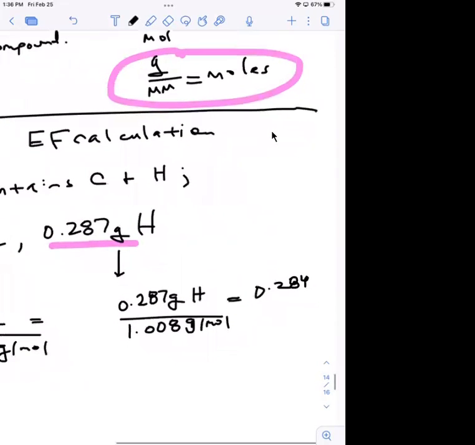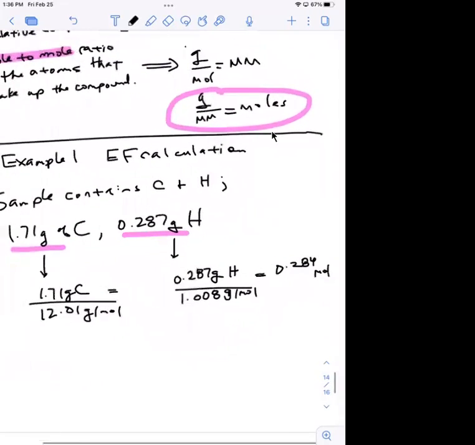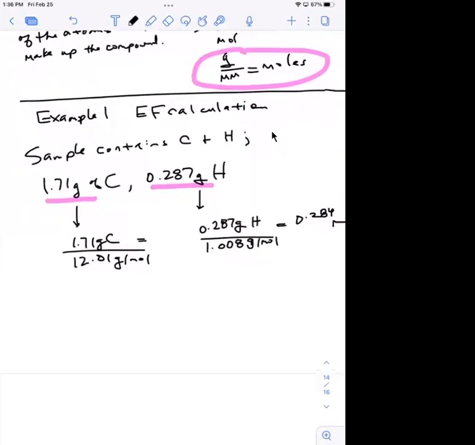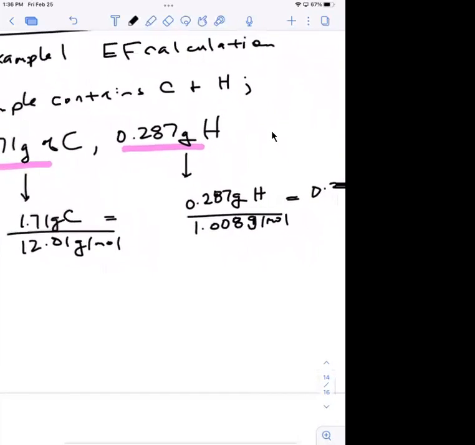All right, let me get in here. Keep my units. The units are very important. When we're doing the empirical formula, the only time we're going to be multiplying by 100 is if we're doing percent composition. Here we don't have to do that. We're trying to find the number of moles of each one of these. So that's grams over molar mass.